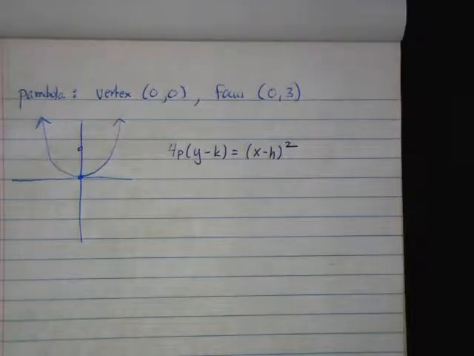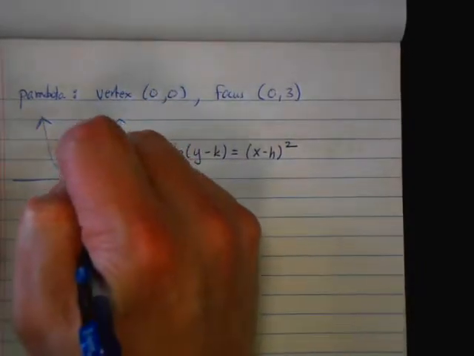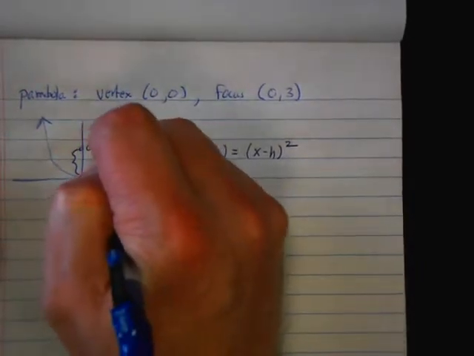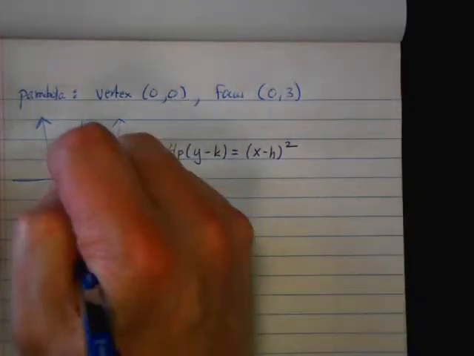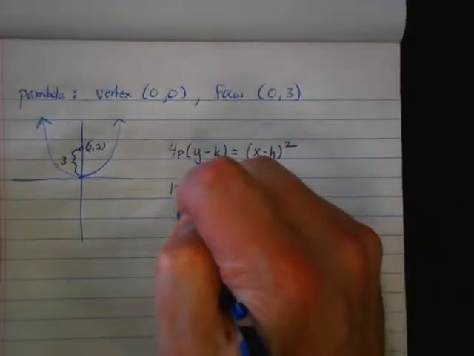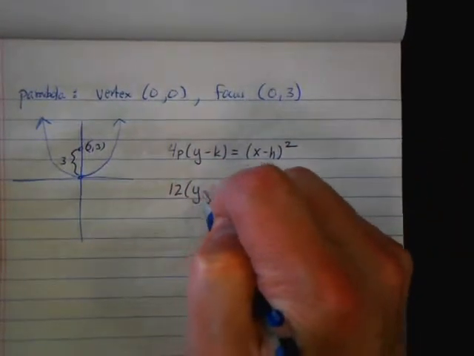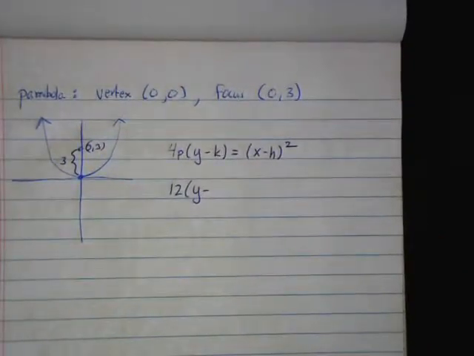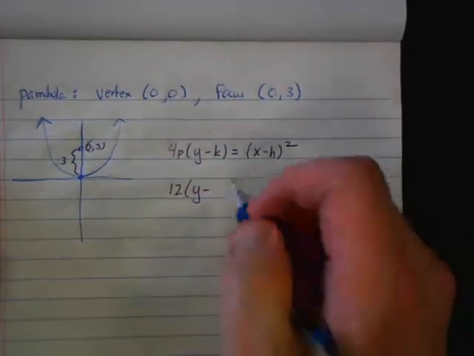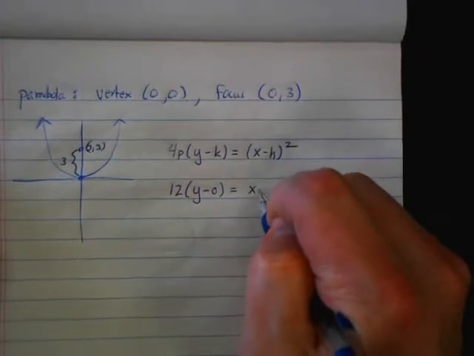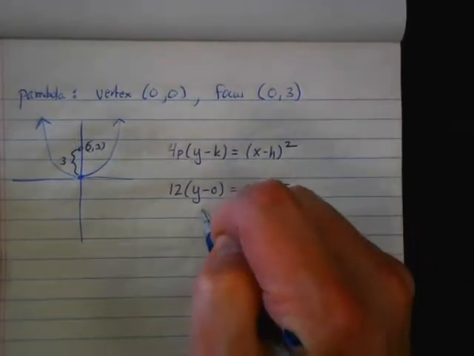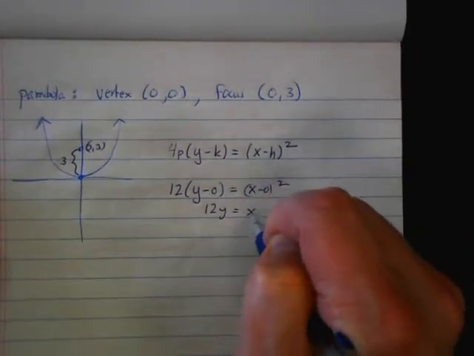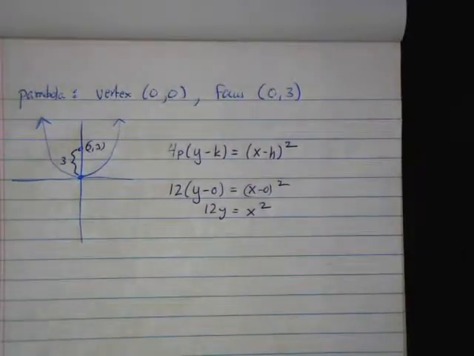What's p? 3. p is 3, because p is the distance from the focus to the vertex. That distance is 3. So that's going to be 12 times (y - k), what's the k number? 0, because the vertex is 0, 0, equals (x - 0)^2. So I guess this is the equation, 12y = x^2. All right, that was an easy one.